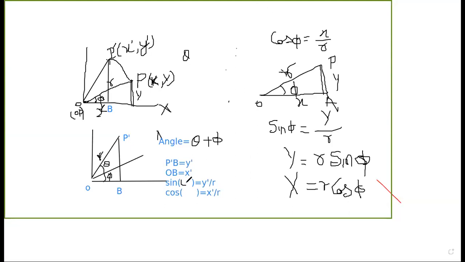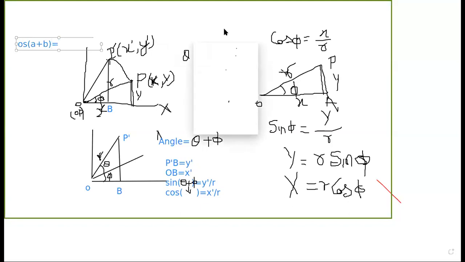So theta plus phi, you get from this triangle O P dash B. Now, what is the formula of cos A plus B?